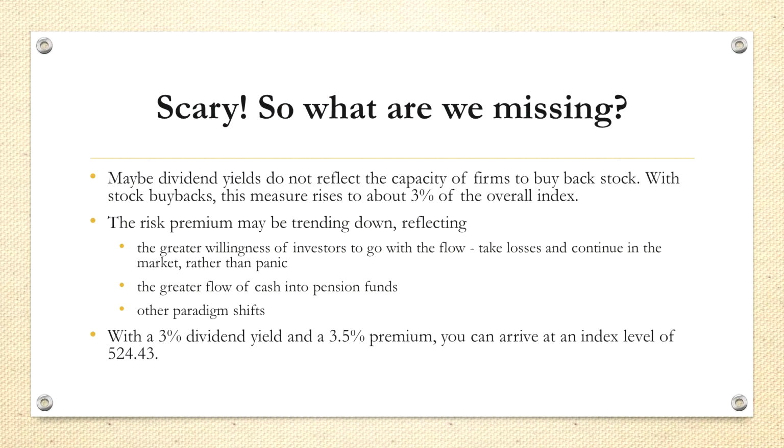And in 1995, 1996, all stock repurchases accounted for about 3% of the overall index. So here, our estimation of cash flow regarding dividends is underestimated because we ignore the stock repurchases.